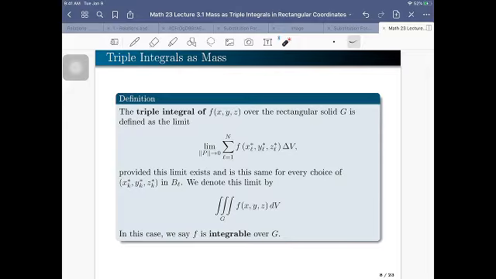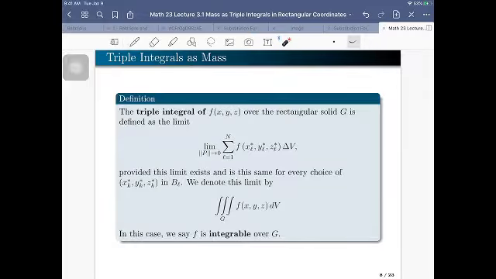Okay, so we define this more formally. The triple integral of f of x, y, z over the rectangular solid G is defined as this. Remember again that the norm of the partition actually depends on x, y, and z, and therefore it is natural to denote it with three integrals.